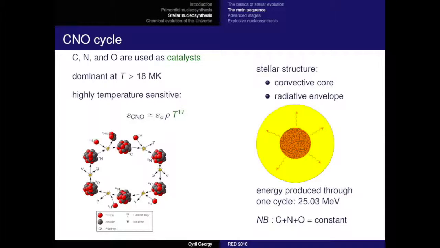Here is the CNO cycle. You can start almost where you want. For example, starting from the carbon-12, by successively aggregating one hydrogen, you go to nitrogen-13, which will decay into carbon-13 through a beta reaction, and then again you catch a proton, going to nitrogen-14 and then oxygen-15 and so on.